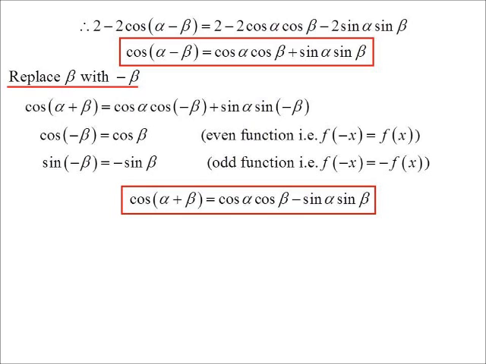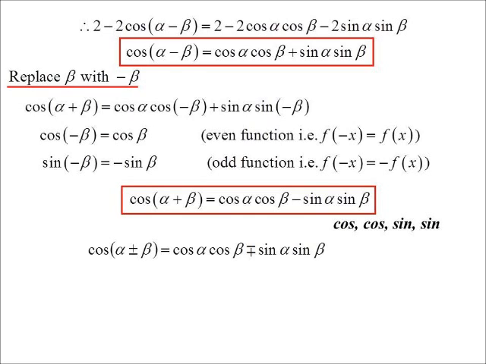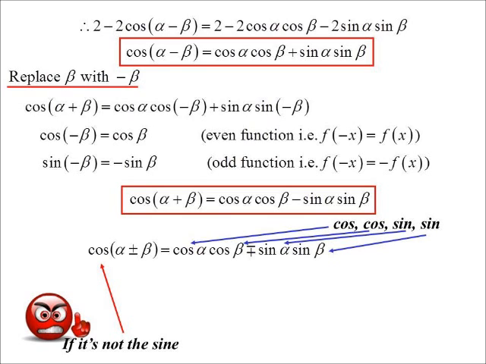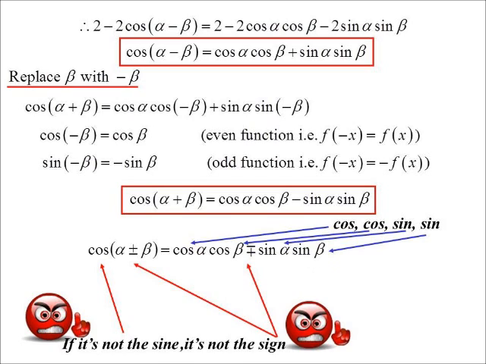So the way I remember it is: it goes cos cos, sine sine. If it's not the sine, it's cosine.